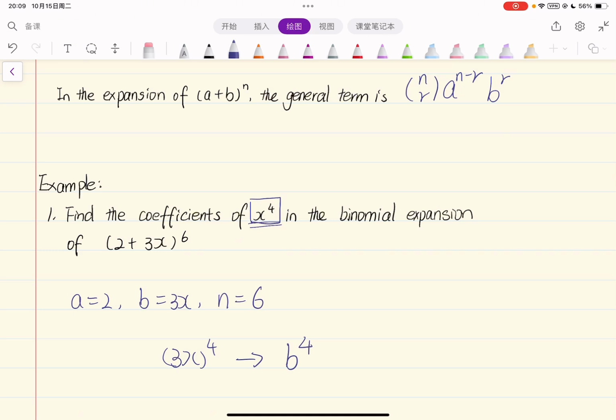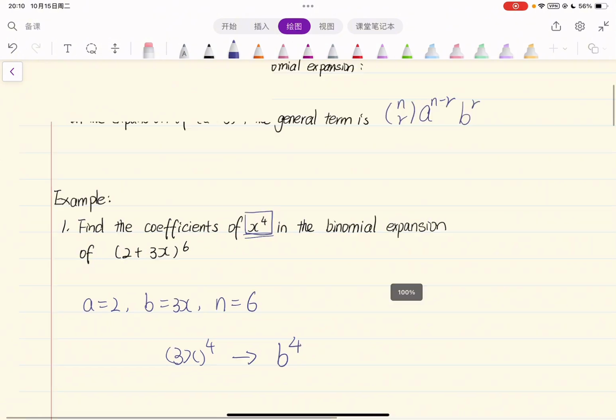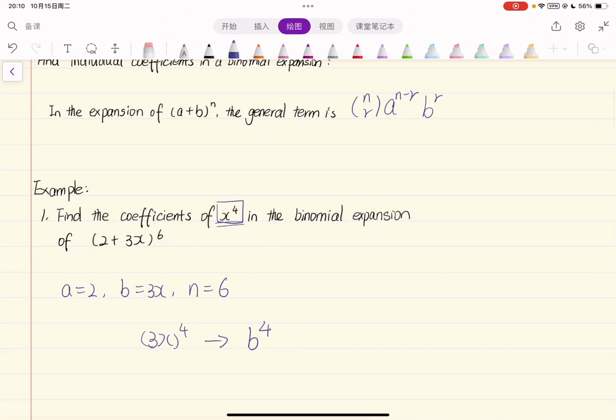So which term includes that? Look here. We know r equals 4. So the term includes n choose r, that is 6 choose 4.